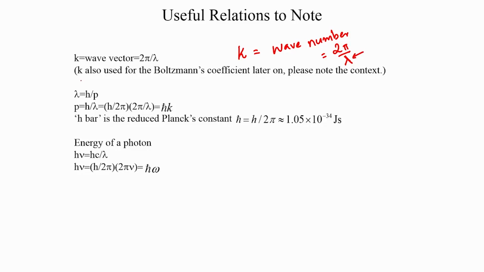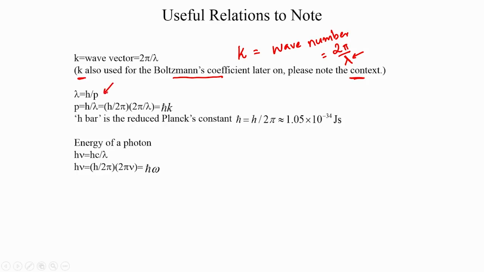Now, later on in the course, k is also used to define the Boltzmann's coefficient, okay, and I hope that this will not be a matter of confusion because the context will be quite clear.